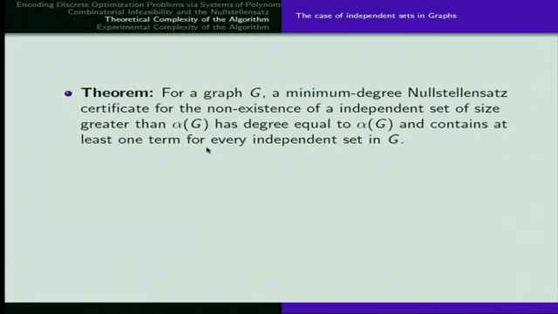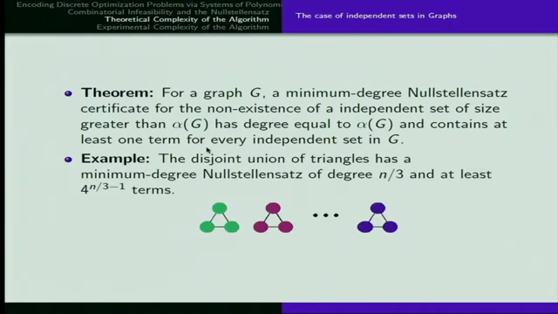If you have a graph G with stability number alpha(G), then the degree of the Nullstellensatz certificate proving that there are no stable sets of size alpha(G) plus 1 is alpha(G), the stability number. Now the stability number of a graph grows linearly with the number of vertices.